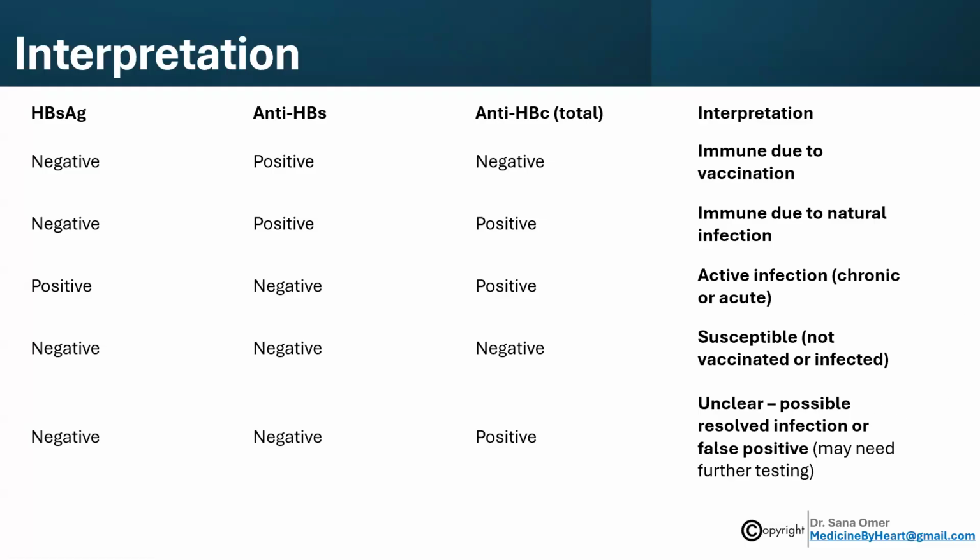But if it is less than 10, will we give immunoglobulin or vaccine? Yes, in that case, then we will give. Both of them? For example, in case of needle stick injury, the titers are less than 10. So we will give immunoglobulin or vaccine with it.